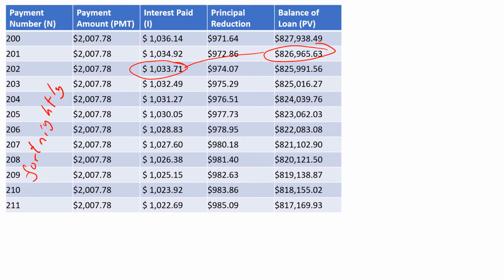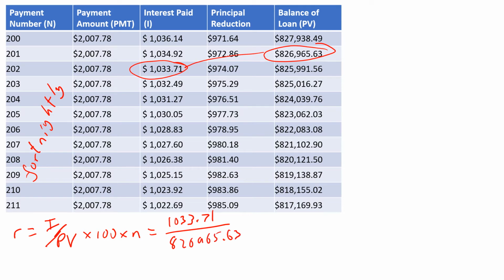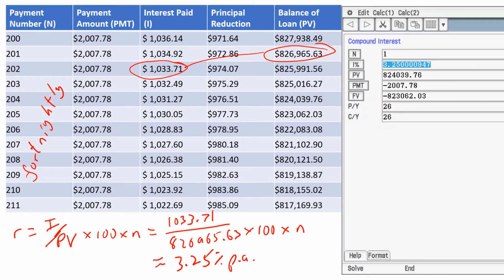And we know from previous things that actually R equals I over PV times 100 times N. So for this one, we're doing 1033.71 divided by 826,965.63 times 100 times N. And that's near enough to 3.25% per annum.